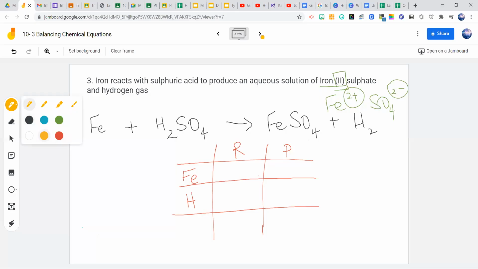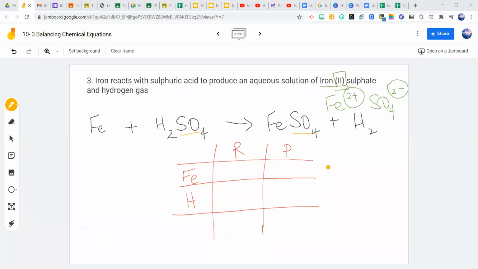When we have our polyatomic ions, sulfate, nitrate, phosphate, carbonate, and the list goes on, if they repeat on your product side, meaning that I see a sulfate here and I see another sulfate there, and it is not split into sulfur and oxygen, then I can count it as 1 unit.